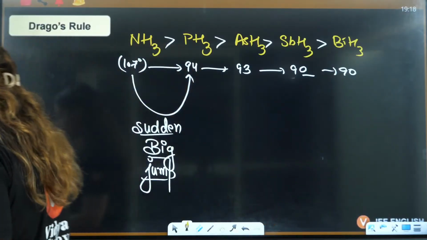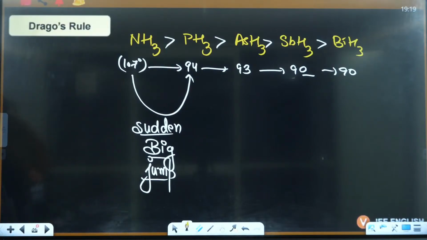Now the question is, why does it have such a big jump? Firstly, tell me if you are able to understand what the question is here.